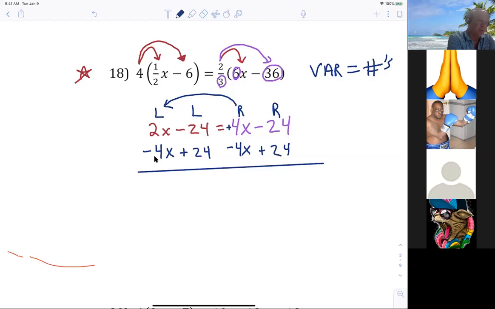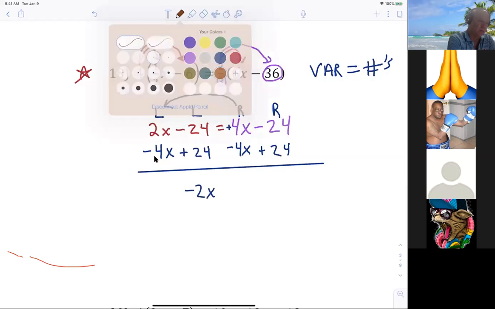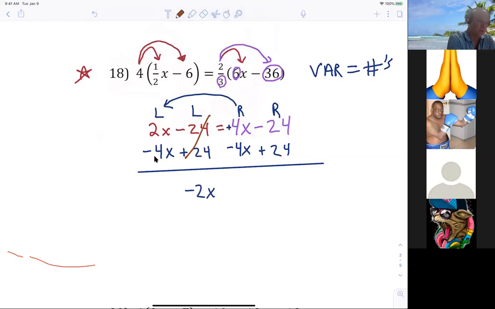Now what happens is we just now read each one of these. Negative 2x minus 4x is negative 2x. These guys cancel out. These guys cancel out.